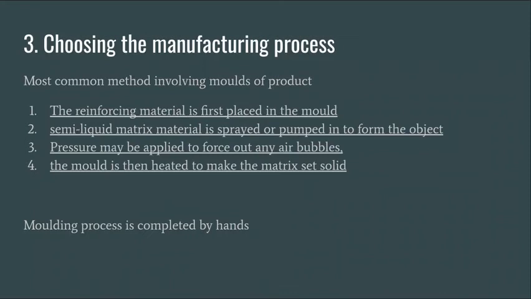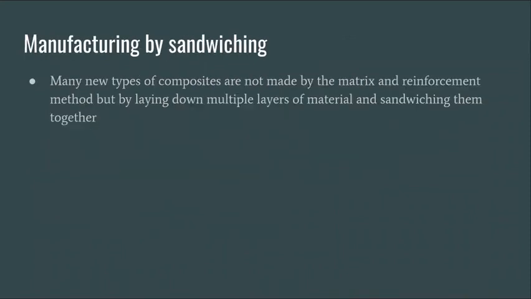In some really advanced industries, we now see a type of manufacturing process that is a little different, and it is called sandwiching. So many new types of composites are not made by the matrix and reinforcement method of putting them into a mold, but by laying down multiple layers of material and sandwiching them together. So that's why it's called the sandwiching method.